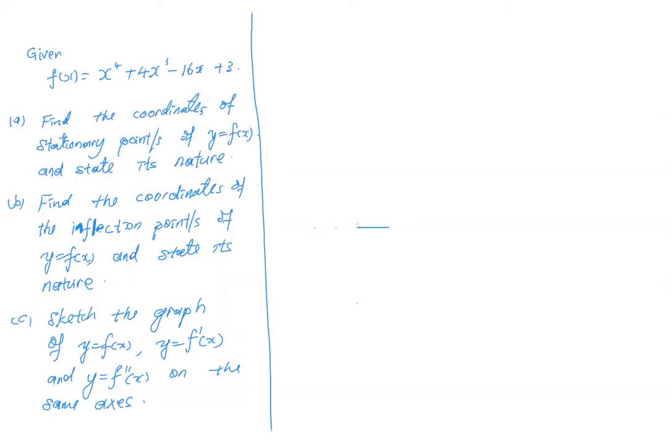Okay, you may start now. I give you 10 minutes. You can either use your GC to help you, and also do it manually for part A and part B.